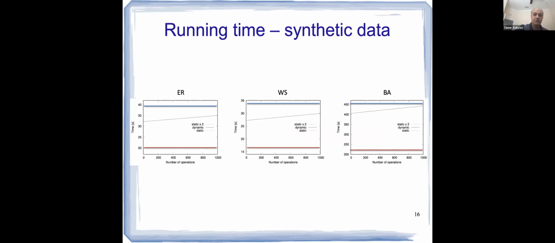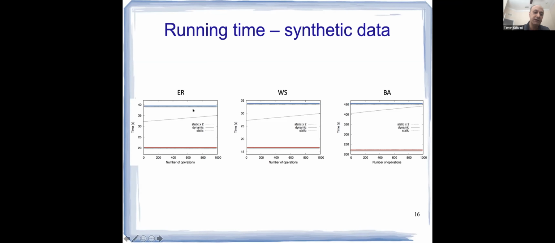In this experiment, we measured the running time. The red horizontal line here is the running time of calculating the motif count only for the initial state of the network. If it was a static network with only the initial state, this is the running time.